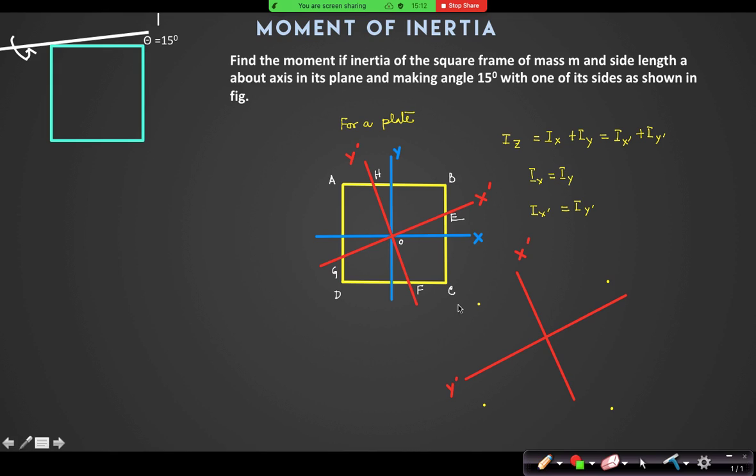We are turning that square. So B, A, D and C will lie like this. If I join them, you will find a square like this.